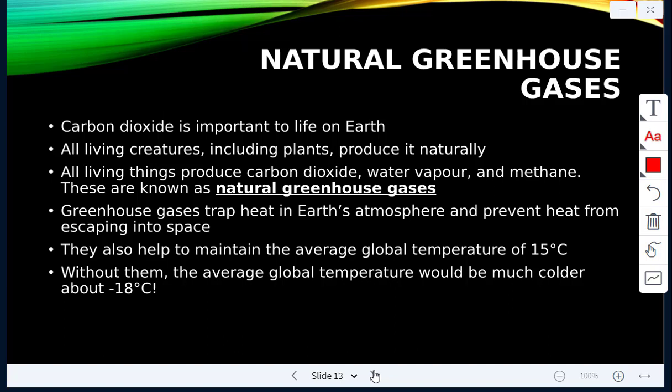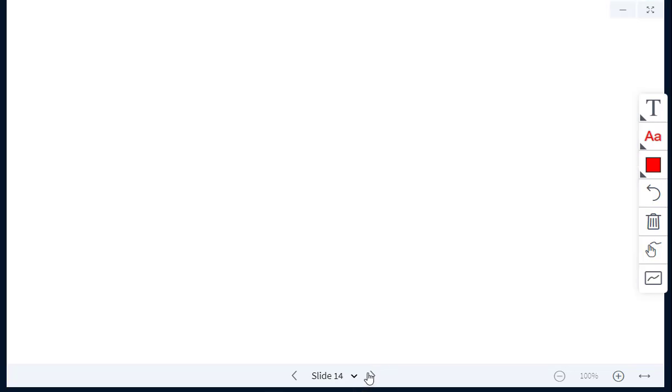Okay, so the natural greenhouse gases are very important because they do trap the heat in Earth's atmosphere and prevent heat from escaping into space, and they help maintain our average global temperature of about 15 degrees Celsius. Without them, the average global temperature would be much, much colder, about minus 18 degrees Celsius. So natural greenhouse gases are important.